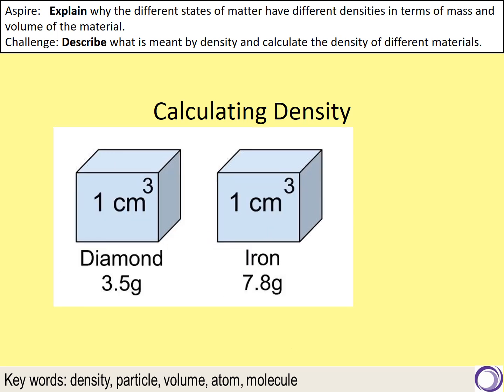Okay, for diamond, you should have got 3.5 grams per centimetre cubed. And then for iron, you should have got 7.8 grams per centimetre cubed.